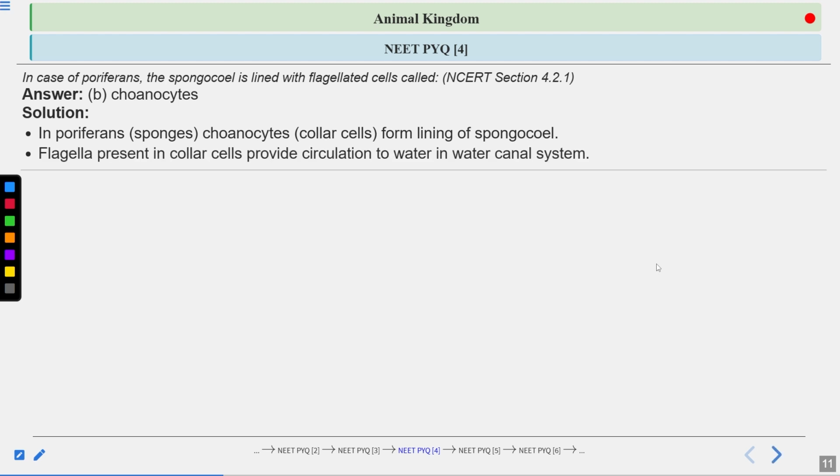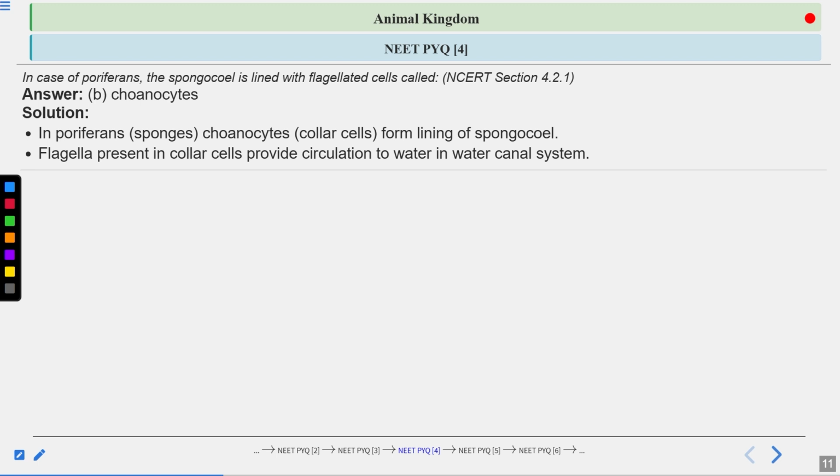Flagella present in the collar cells provide circulation to water in the water canal system, and these choanocytes have a very special feature that they are flagellated. So they have the flagella, and that flagella helps in the movement of water.